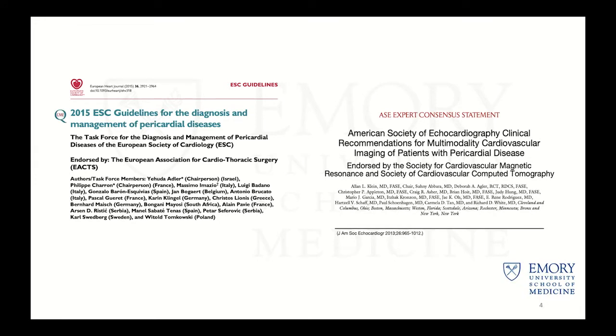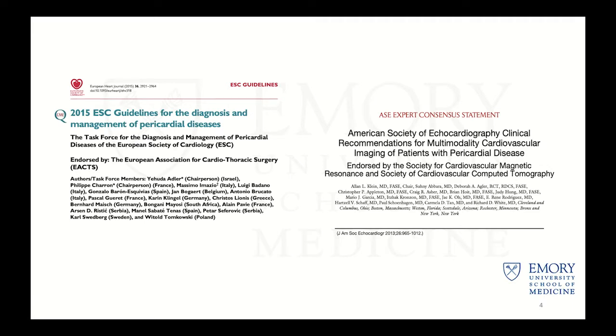So when I started working on this subject, I tried to find some guidelines, and really there's no ACC/AHA guideline on management of pericardial disease, but there's a very nice document from the European Society of Cardiology published in 2015. It's very concise and it's a good reference article.